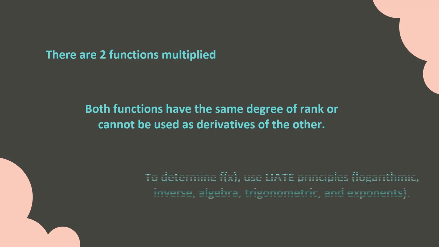To determine f of x, use the LIATE principle: logarithmic, inverse, algebra, trigonometric, and exponents. For example, if there is a logarithmic function, then the logarithmic function is used as f of x. If there is none, the inverse function becomes f of x, and so on.